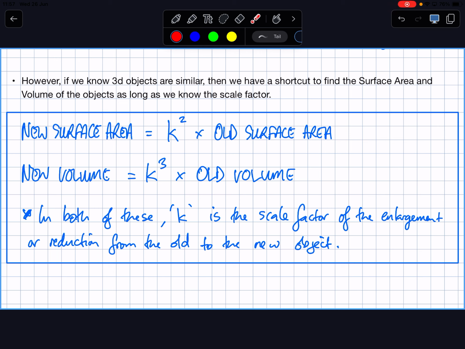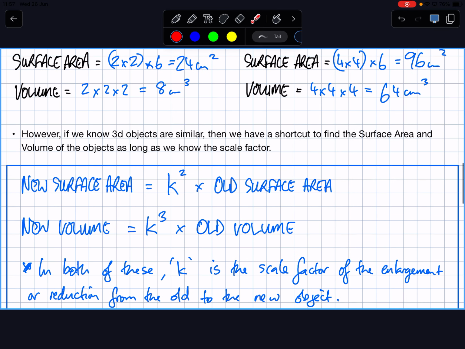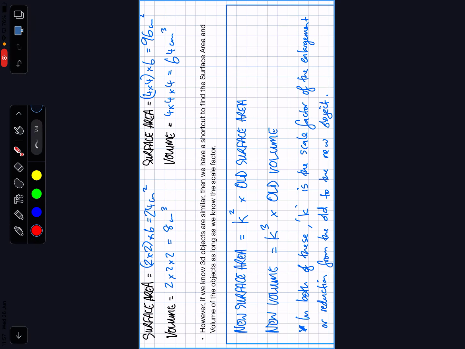So in both cases, the scale factor, how many times the dimensions have been multiplied? Can we see if that formula works? So that formula is still on the screen. You can get it down if you need.